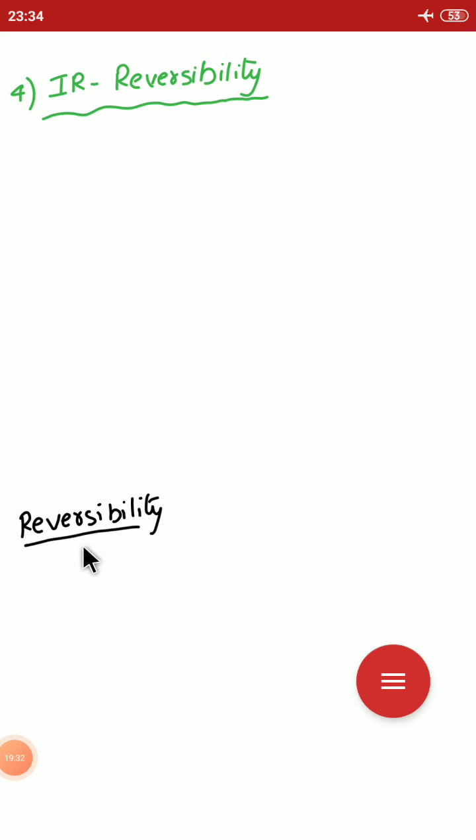First, we have already discussed the reversibility. By comparing, it is very easy to tell what the irreversibility is. In the reversibility, if you remember, the reversible process occurs infinitely slowly with an infinitesimally small amount of gradient, so at each and every state the system is in the equilibrium state only.